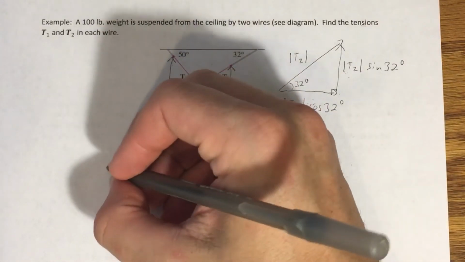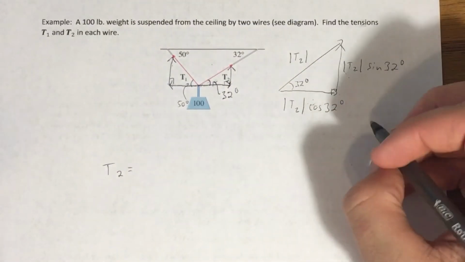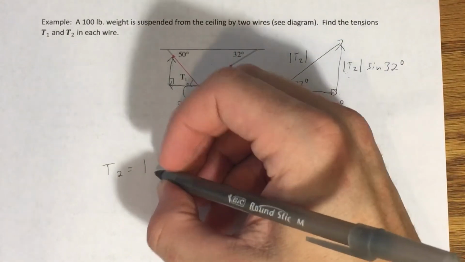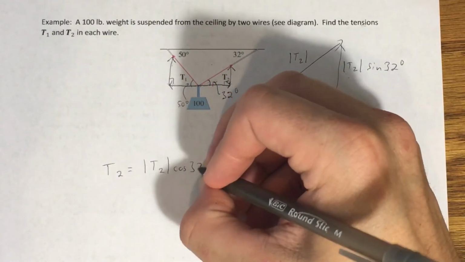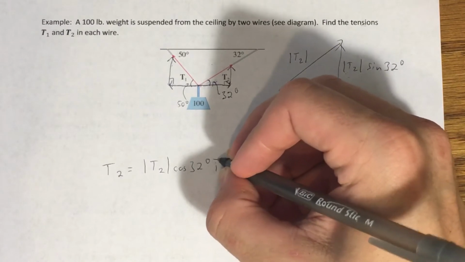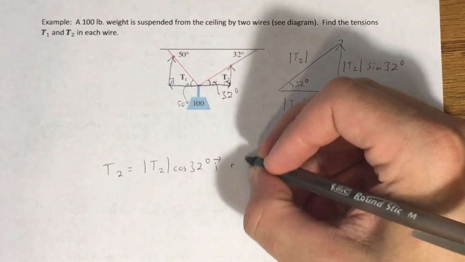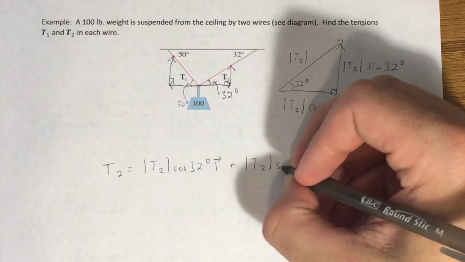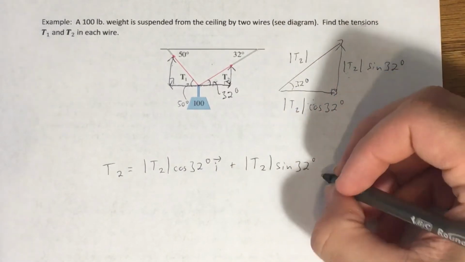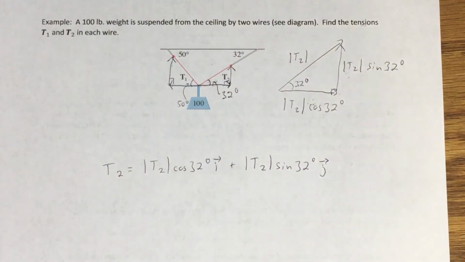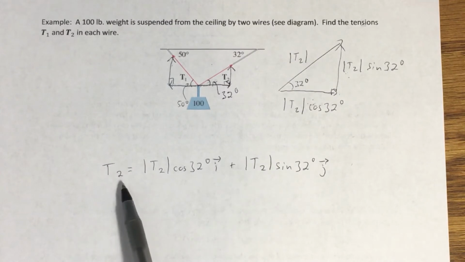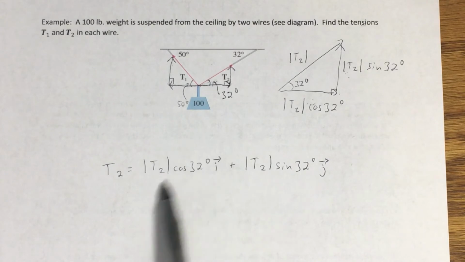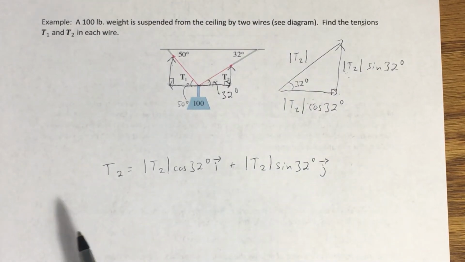And so that tells me that T2 is equal to the magnitude of T2 times cosine of 32 degrees i, plus the magnitude of T2 times sine of 32 degrees j. All right? In terms of standard basis vectors, that's what T2 can be represented as. Now notice that doesn't seem to help us too much because we don't know what these magnitudes are quite yet, but we'll get to that point, okay?